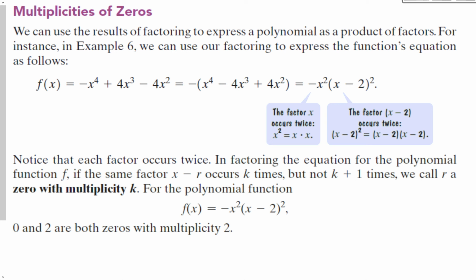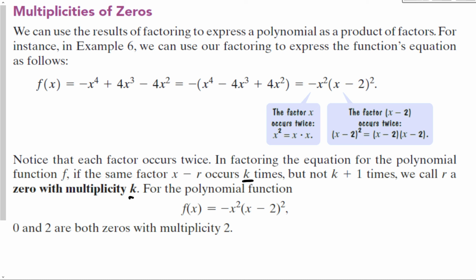In factoring the equation for polynomial function f, if the same factor, x minus r, occurs k times, could be once, could be twice, could be as many times as we need, we call r a zero with multiplicity k. Basically, we are saying multiplicity means how many times that zero happens.